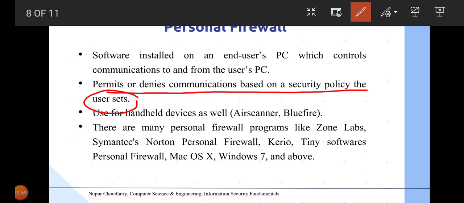Different personal firewall programs include Zone Labs, Symantec, Norton Personal Firewall, Kerio, Tiny Software's personal firewall, Mac OS X, and Windows 7 and above. These platforms provide a personal firewall mechanism where the user can define their own guidelines while establishing a communication with some other personal computer.